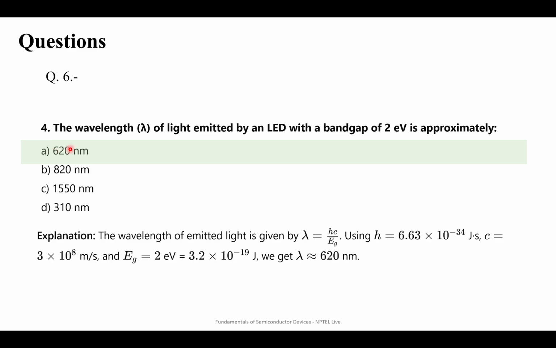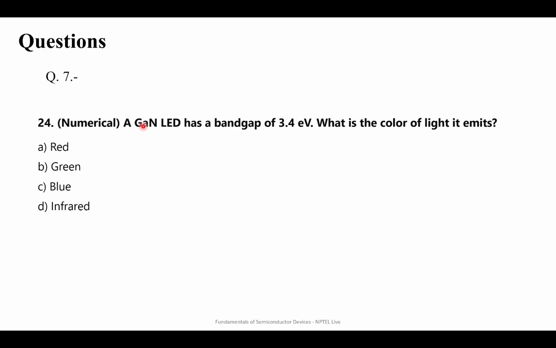Similarly, in this next question, which is exactly the same question, a gallium nitride LED has a band gap of 3.4 eV. What is the color of light it emits?